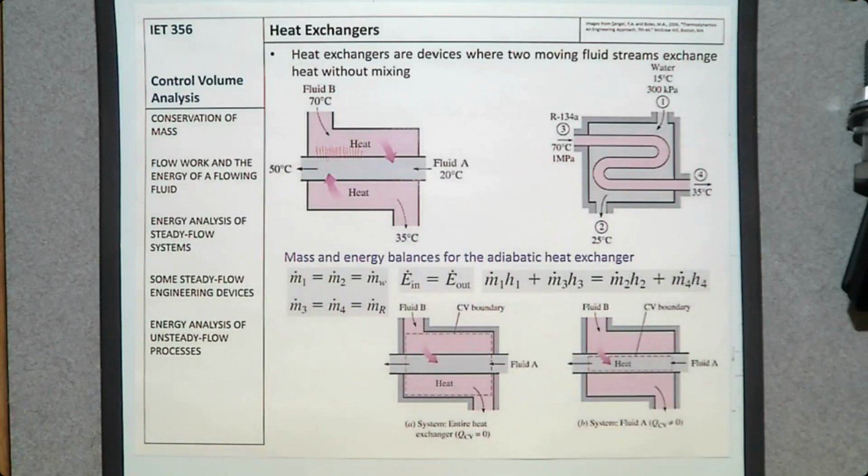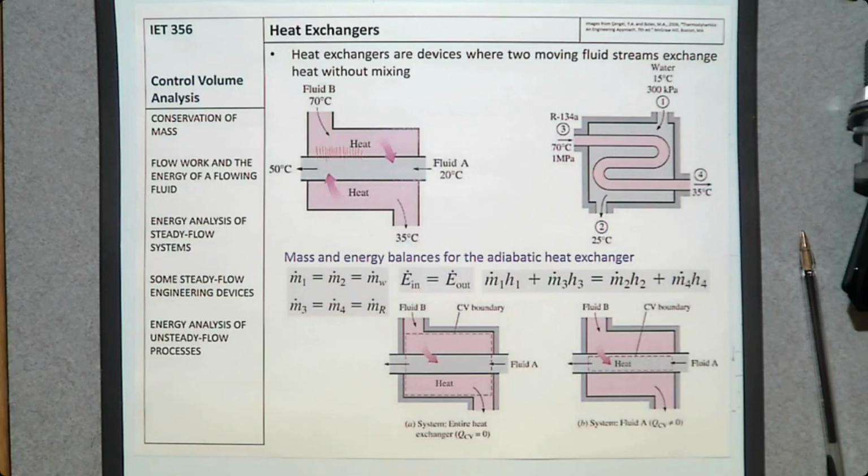Anyway, then, how can we analyze this heat exchanger? Analyzing a heat exchanger thermodynamically is slightly different from what we did in the past. Why is that? How many systems do we have? One? Just one fluid? No, we have two fluids, fluid A and fluid B. That means we can come up with an energy balance equation only for fluid A, another energy balance equation only for fluid B, and the last energy balance equation for both of them.